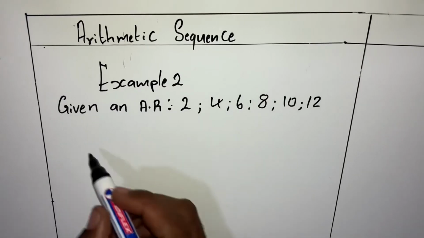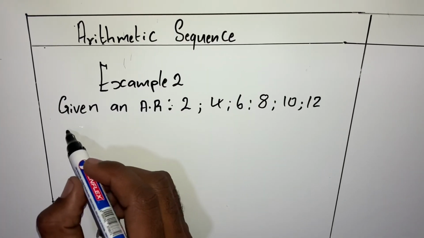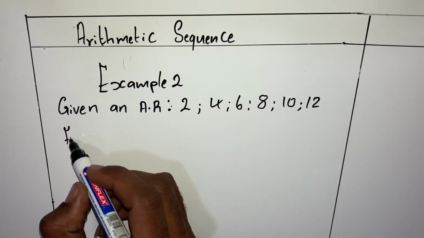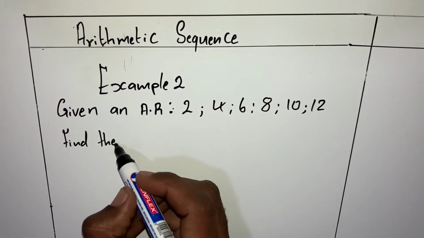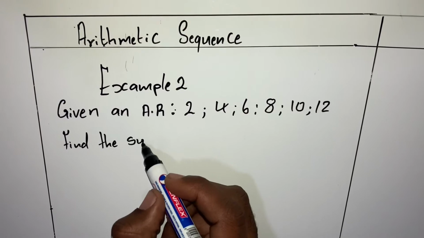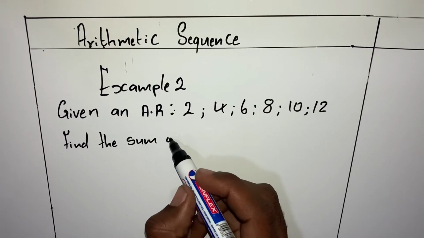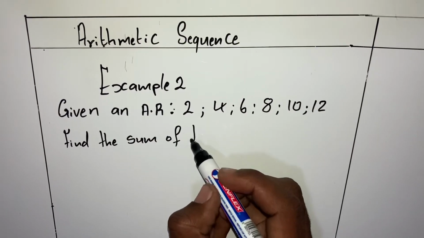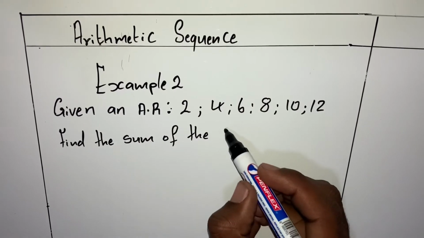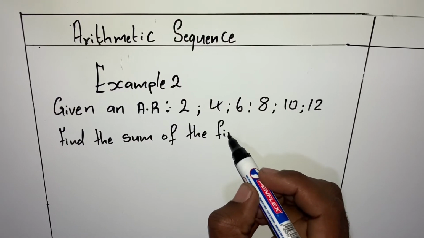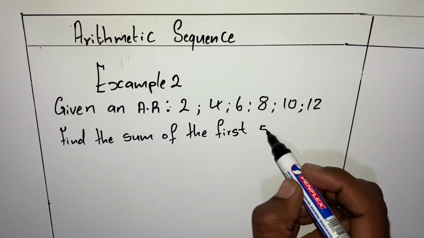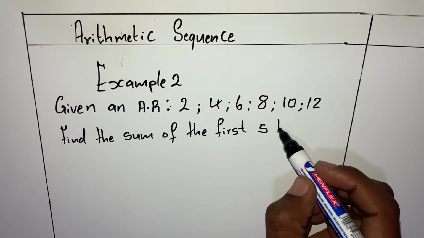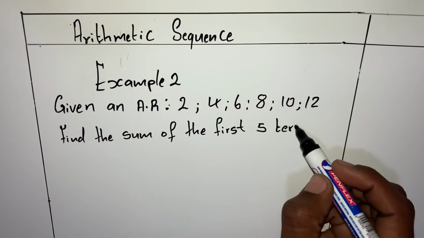Then the question is, find the sum of the first 5 terms.